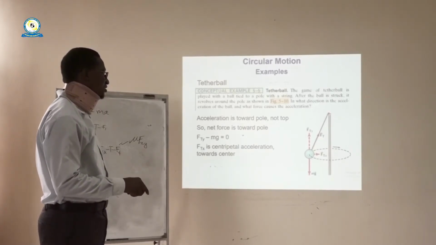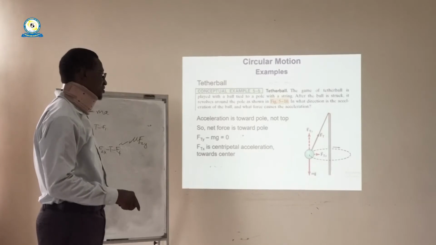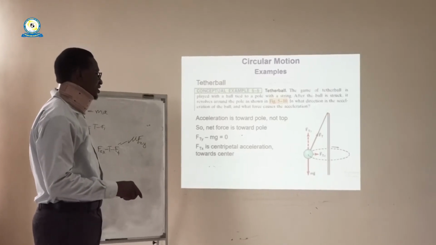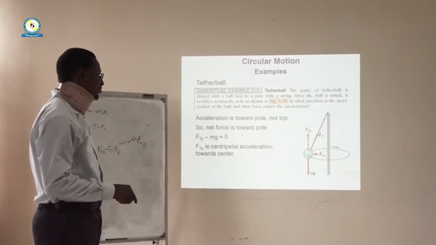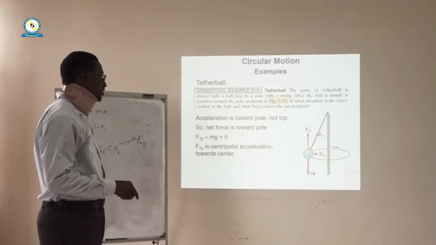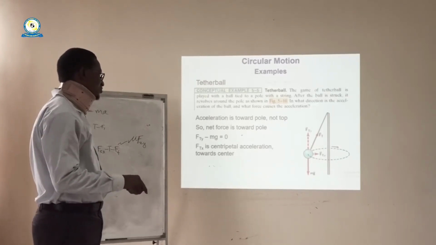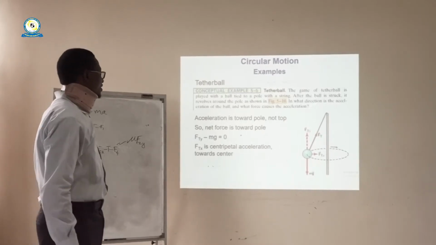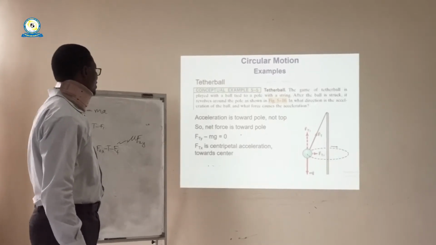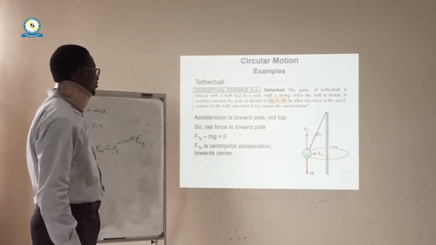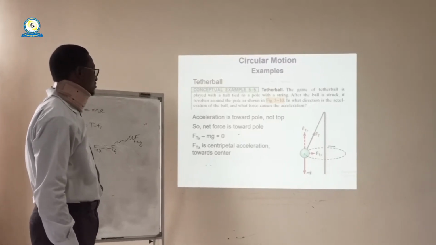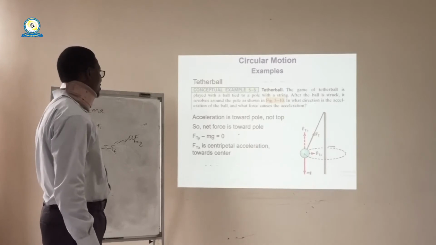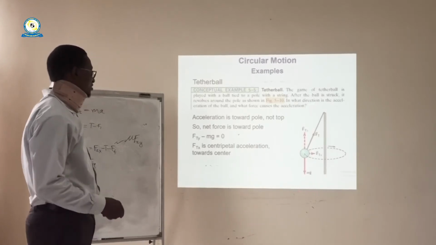But here, tied there, this is a pole. And this is a rope, this is a ball, making a circle. See? The game of tetherball is played with a ball tied to a pole with a string. After the ball is struck, it revolves around the pole as shown there.